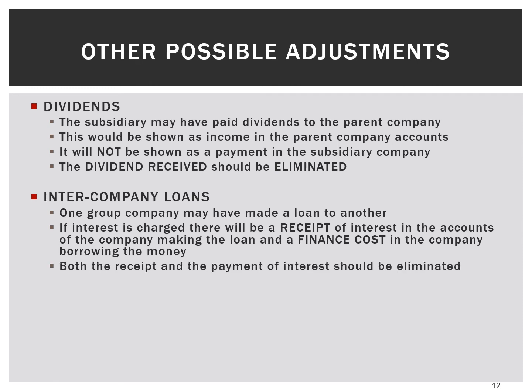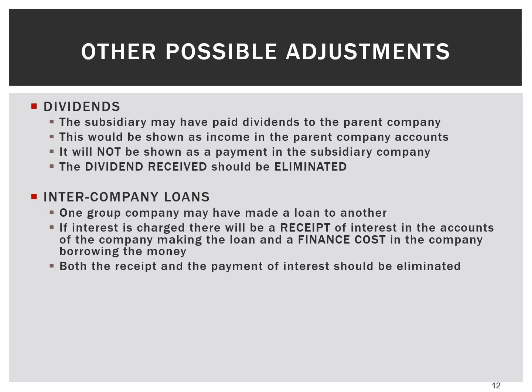And again, both the receipt and the payment of the interest need to be eliminated from the group profit and loss account. So eliminate the interest receipt and reduce the finance costs by the amount of that interest.